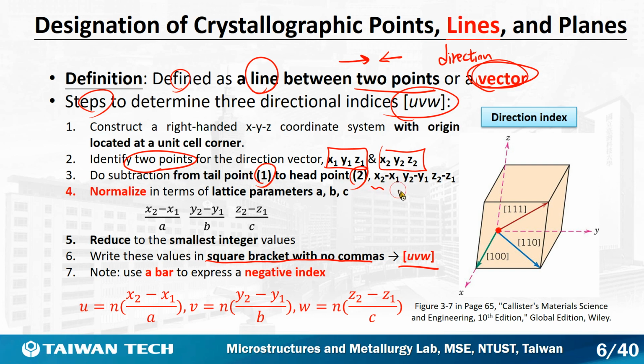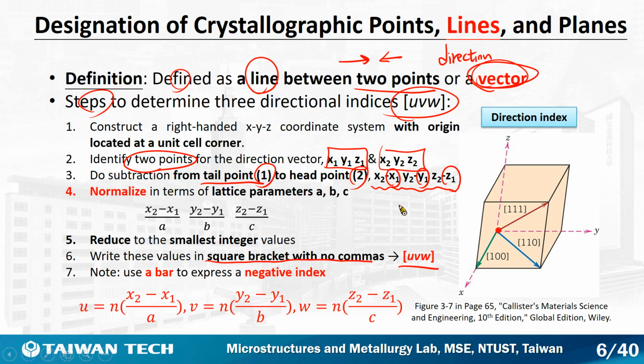That is, you use point 2 minus point 1, so you get a result. Most often we use the origin as the tail point, but it is not necessary. It may not be the origin, but it can also be the origin.